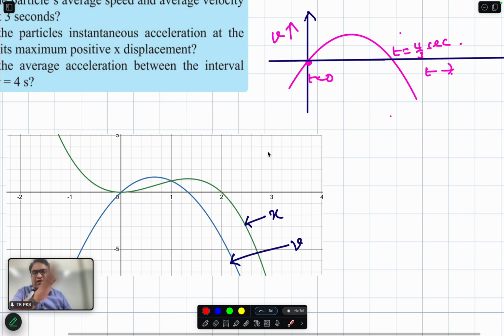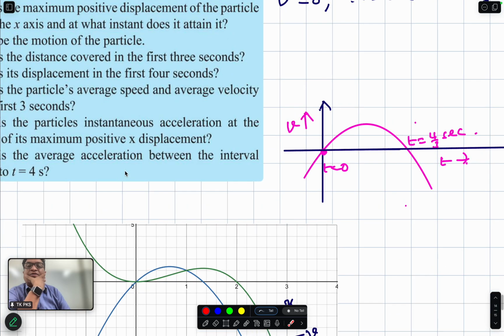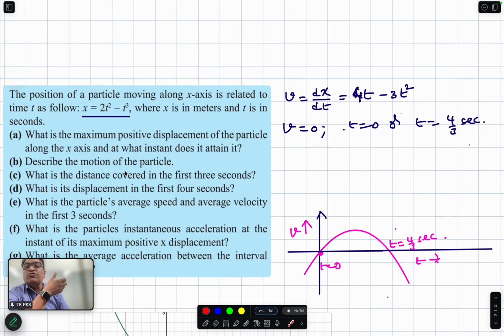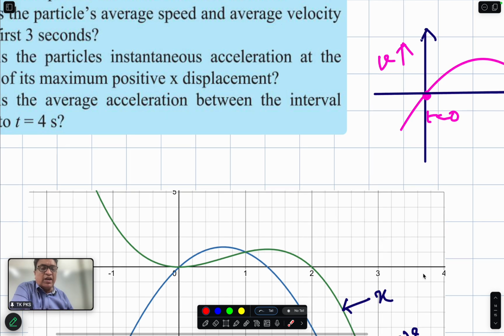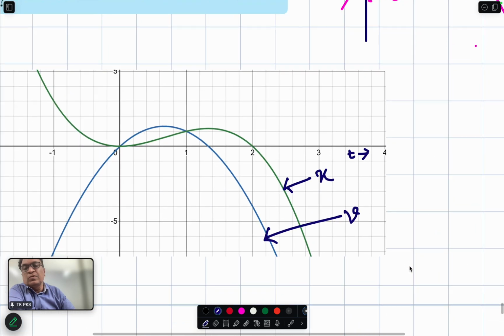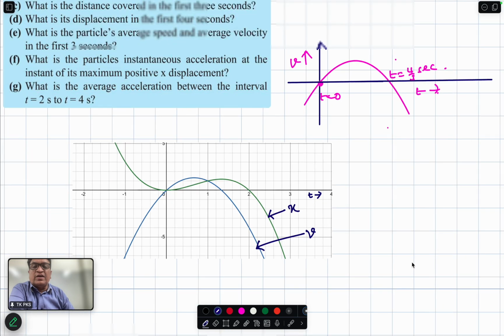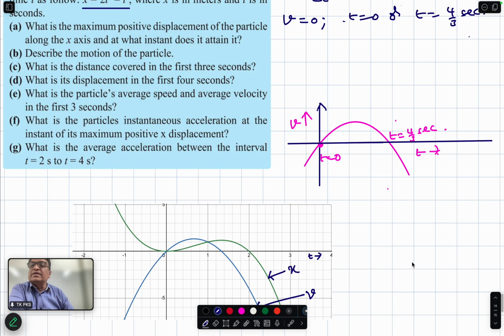Remember, this is a graph and the real situation is different. Don't get confused. Again, I am telling you, x is equal to 0 stands here because you take t is equal to 0, and you will get what I have plotted. All the graphs are against t. So the green color graph is a function for position, the blue color graph is a function for velocity.